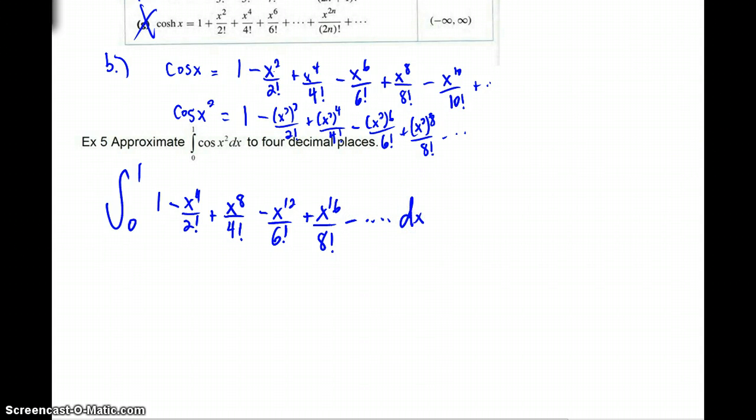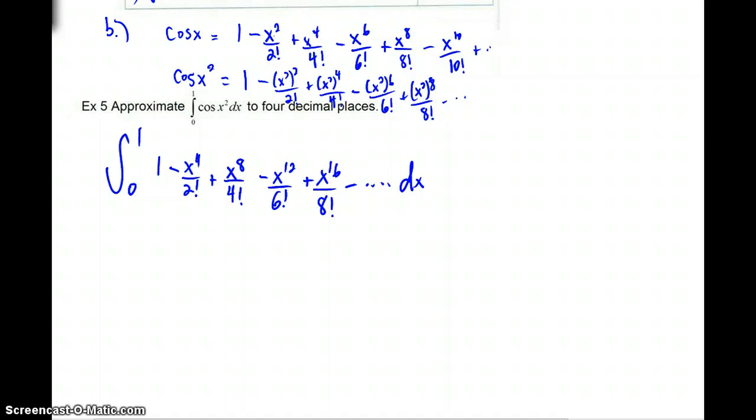But as we would work this out, let's very quickly do an antiderivative. Antiderivative of 1 is x. Here we'd get x to the 5th all over 2 factorial, but we're going to also have a 5 multiplied in there as well. Our new highest power is a 5. A 5 has to come down.